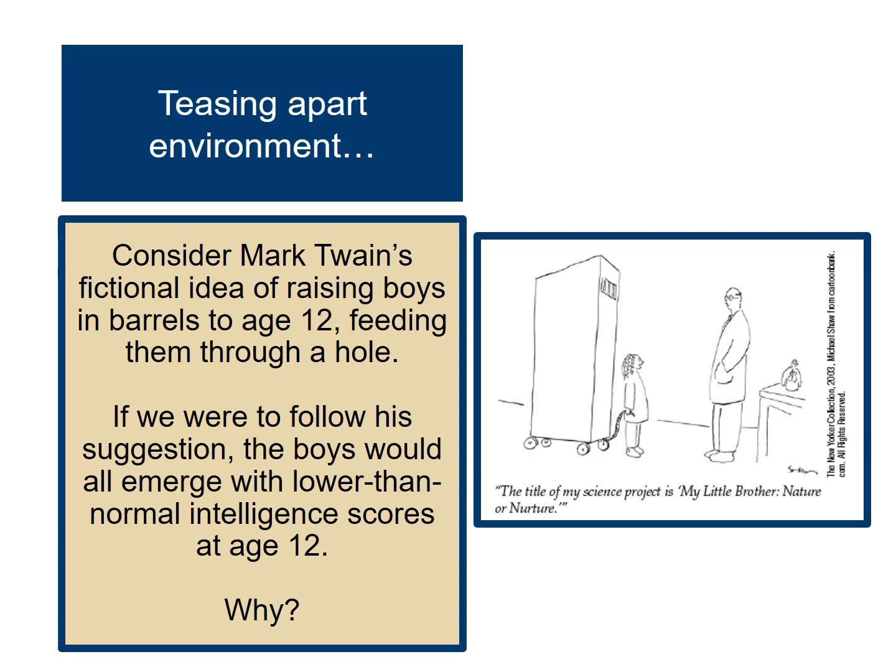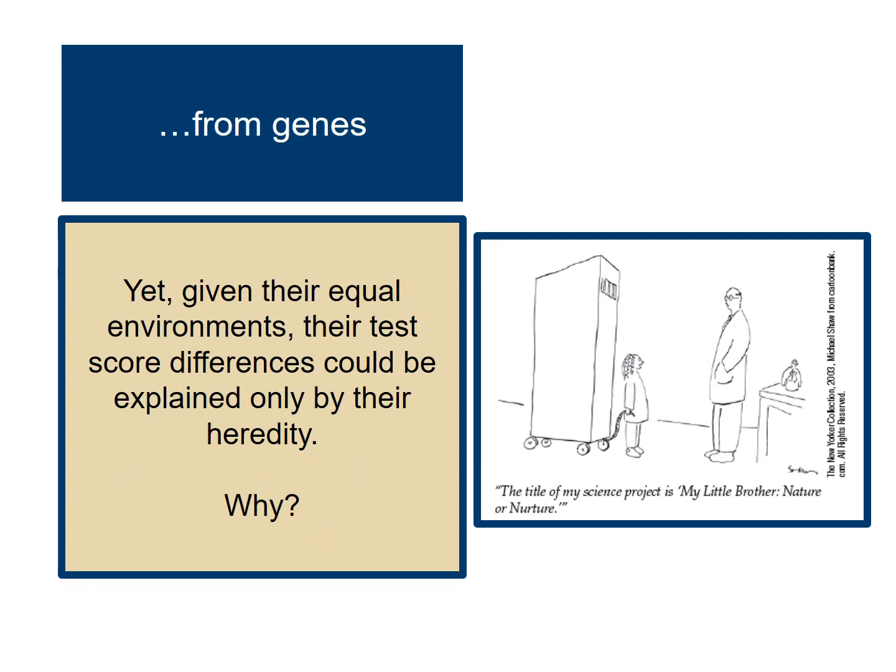The title of my science project is "My Little Brother, Nature or Nurture?" So, yet, given their equal environments, their test score differences could be explained only by their heredity. Why? Think genes.